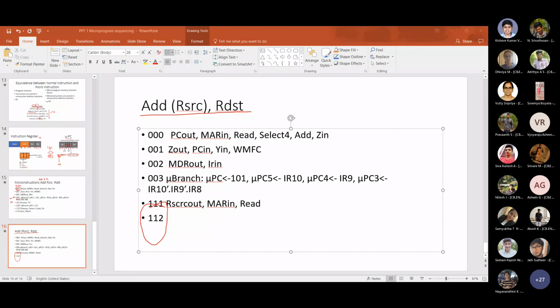Okay, register indirect. At 111, yes, Joshua, can you tell me the contents in address locations 111 and 112, the micro instructions?